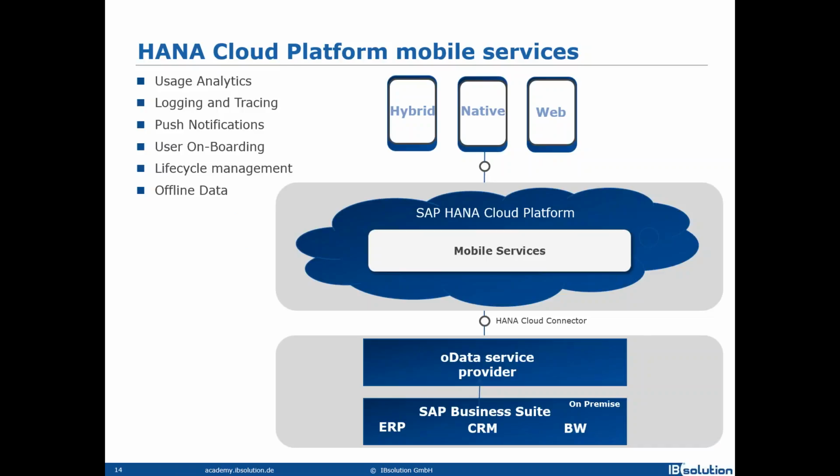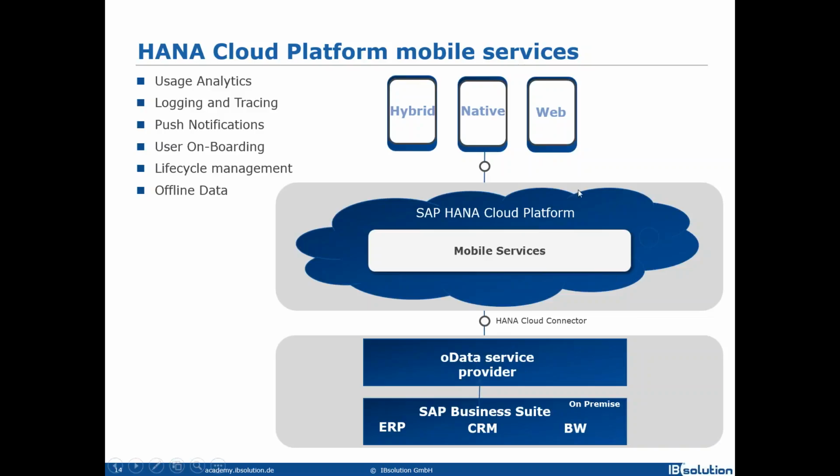The Gateway is the recommendation of SAP, but you can also use any other data service provider. And this architecture picture is where you can use your on-premise data through a HANA Cloud Connector, which is a tool that you install on your on-premise system, and it helps you to connect on-premise and cloud systems.